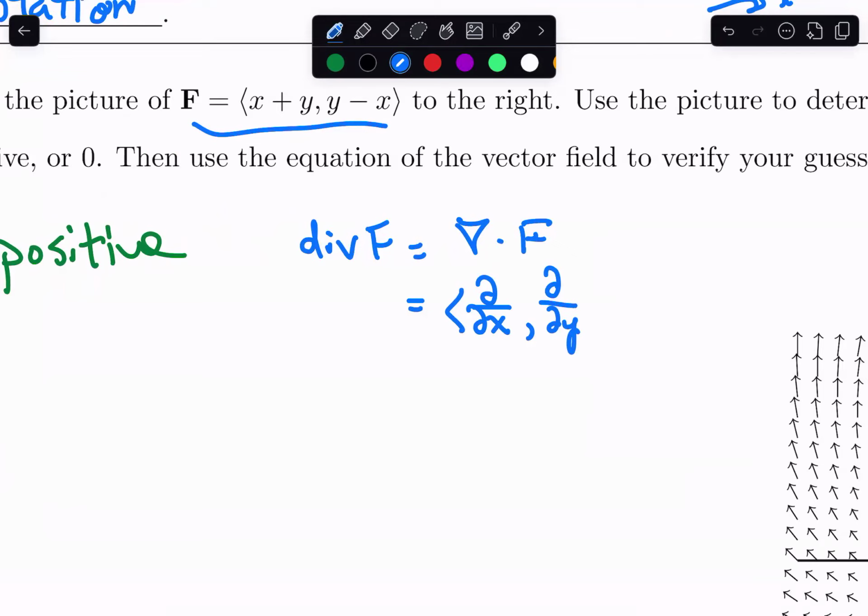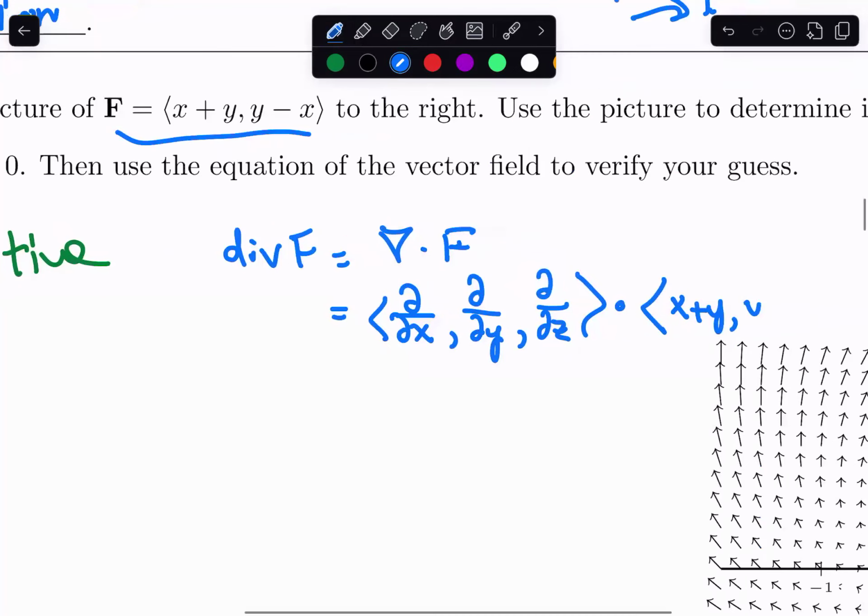However, in the definition, there is this partial derivative with respect to Z, and it's okay if you want to include this in. It actually makes more sense. You'll need this when doing the cross product, but you can't include this in. But then that just means that for your vector field, you need to write this as X plus Y, Y minus X. And if you're going to append a third component, there's nothing going on in the Z direction. So just 0 there.